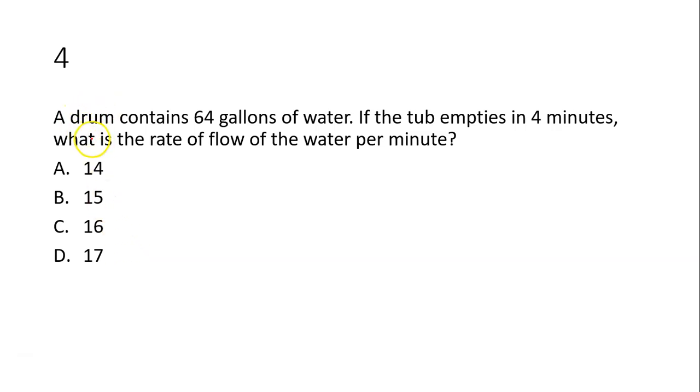Question 4 says, a drum contains 64 gallons of water. If the tap empties in 4 minutes, what is the rate of flow of the water per minute? Now, to know the rate of flow per minute, it should be the amount of water, which is 64 gallons, divided by the time it takes for the 64 gallons to empty, which is 4 minutes.